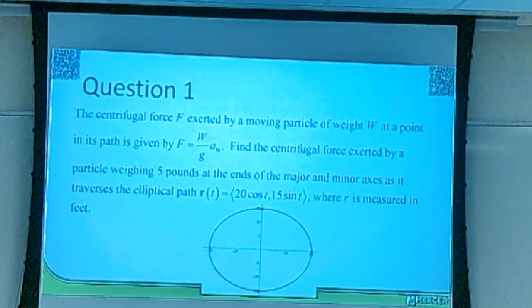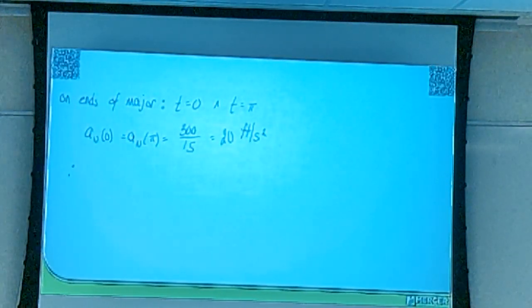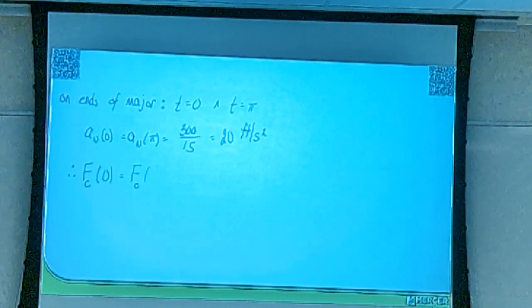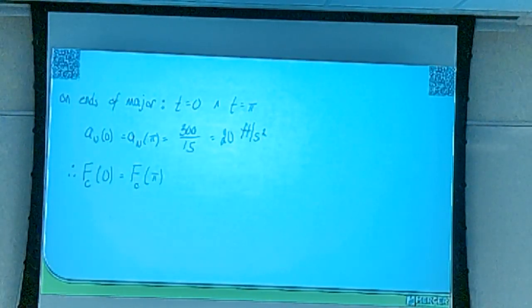Which is, of course, W over g times that. We call it F sub C. And again, they're both going to be the same, because weight and g are constant. The only thing that changes is normal acceleration, and it's the same at both endpoints.